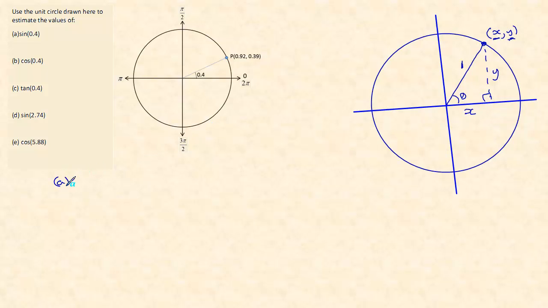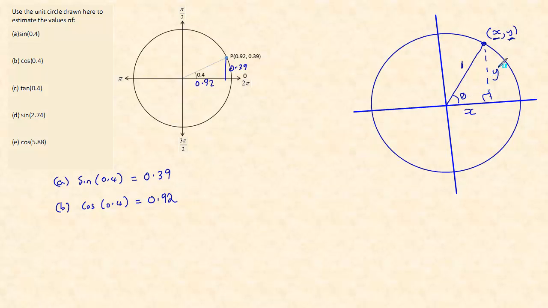So over here, the sine of 0.4, since this distance is 0.92 and this one is 0.39, the sine is just going to be 0.39. The cosine of 0.4 will be 0.92.